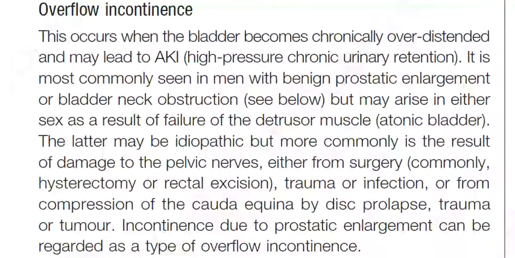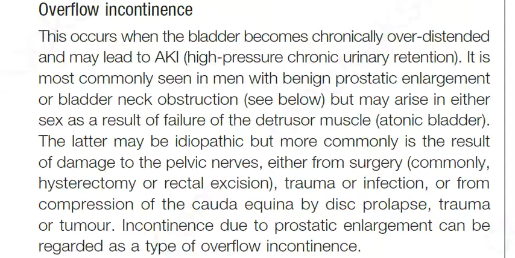Now, overflow incontinence. This occurs when the bladder becomes chronically over-distended and may lead to AKI, high pressure chronic urinary retention. It is most commonly seen in men with benign prostatic enlargement or bladder neck obstruction, but may arise in either sex as a result of failure of the detrusor muscle. Atonic bladder.